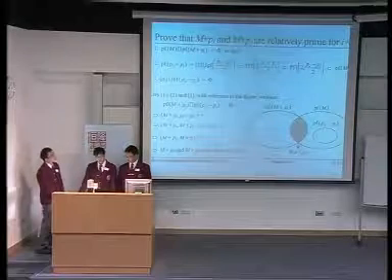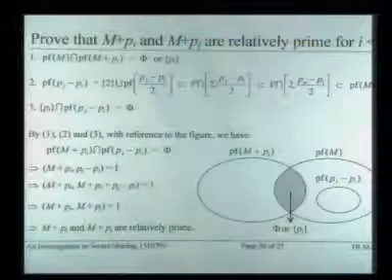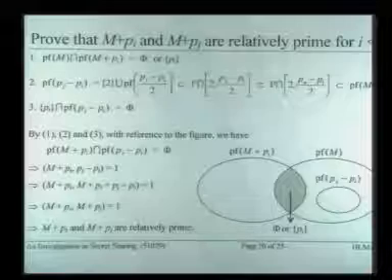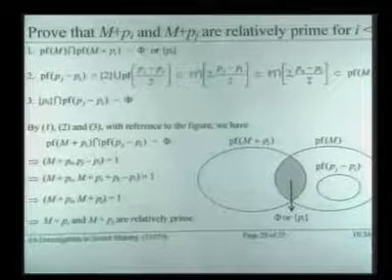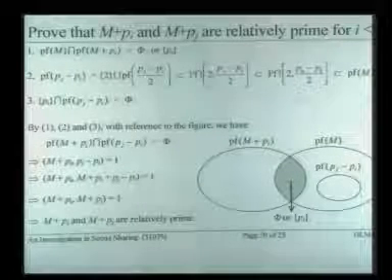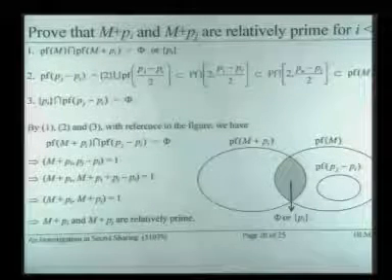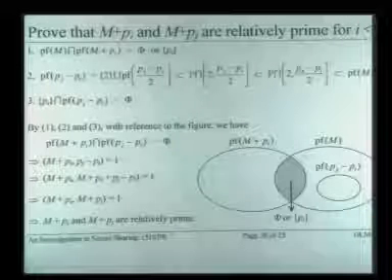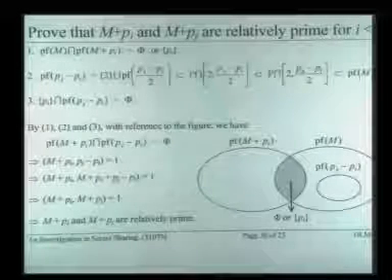Then we are trying to prove that m plus pi and m plus pj are relatively prime. First, the prime factor set of m and the prime factor set of m plus pi are disjoint or intersect at pi. Second, the prime factor set of pj minus pi is a subset of the prime factor set of m.